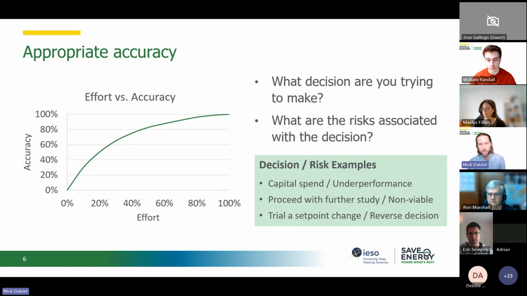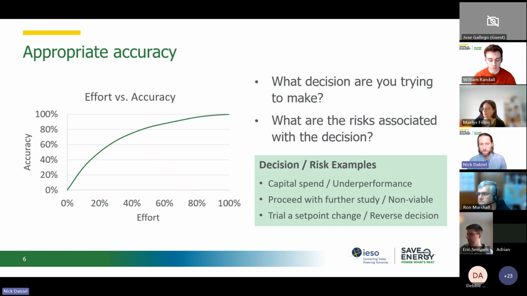As I said, it differs, but the point here is that depending on what decision you're trying to make and the risks associated with that, you need to consider how much effort you should put into developing your estimate and how accurate it needs to be.